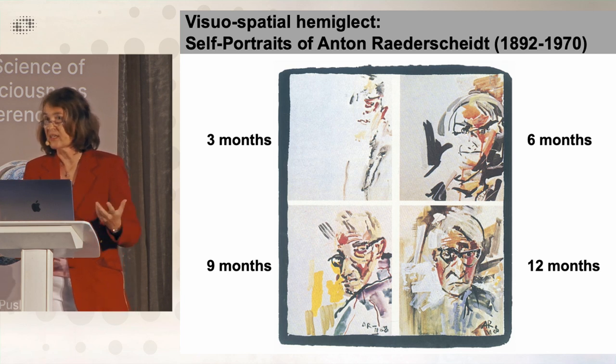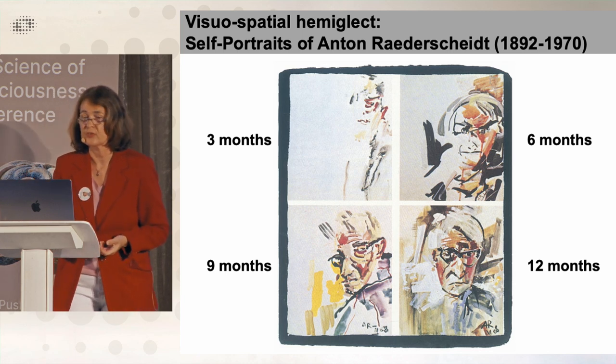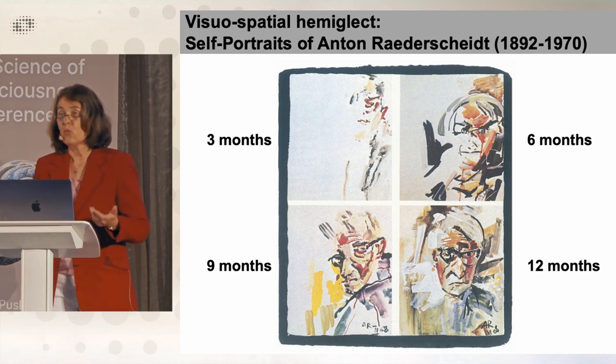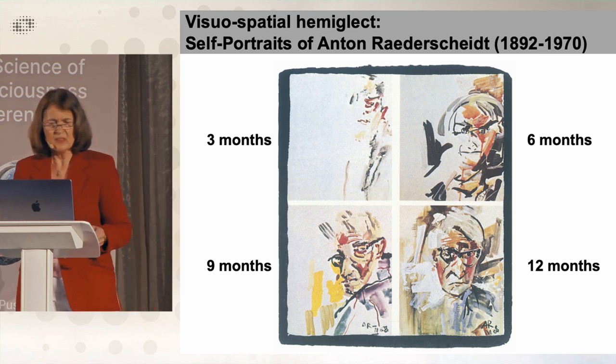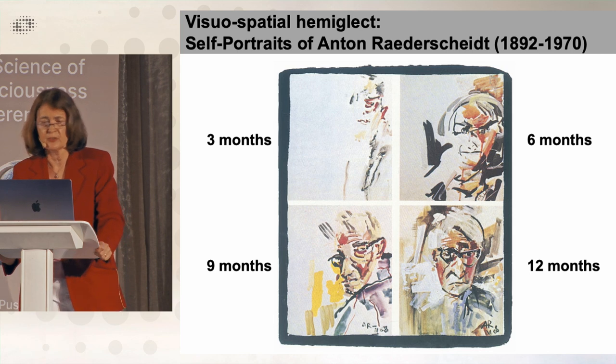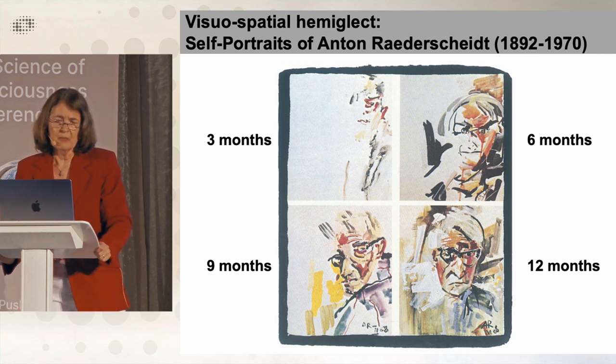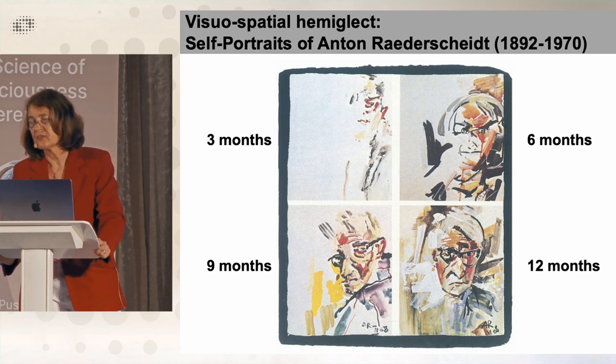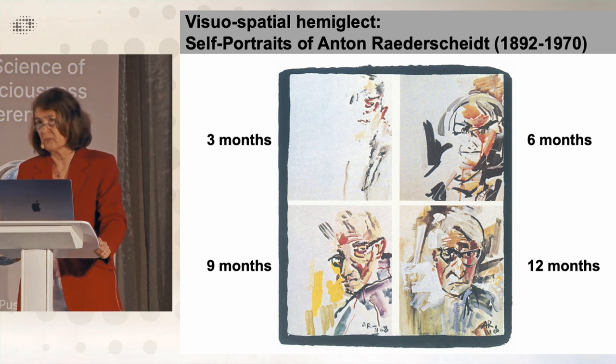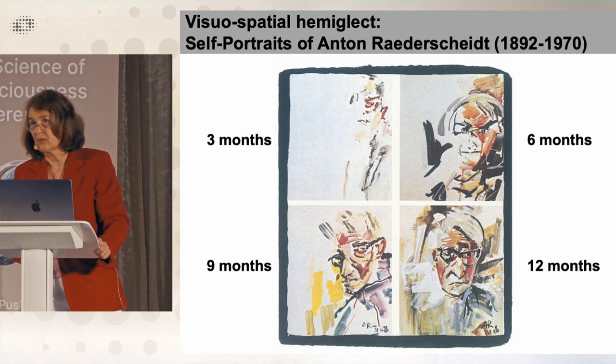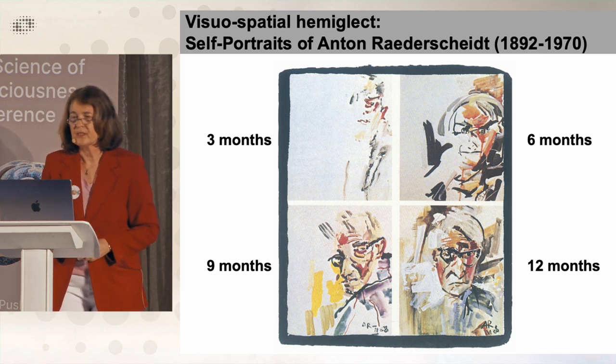So this network is able to somehow recover function, and after 1 year, these patients are typically quite good with their attention function. But it shows you that an insult to this network can have these really dramatic implications, particularly to our conscious perception of anything that goes on in this space.